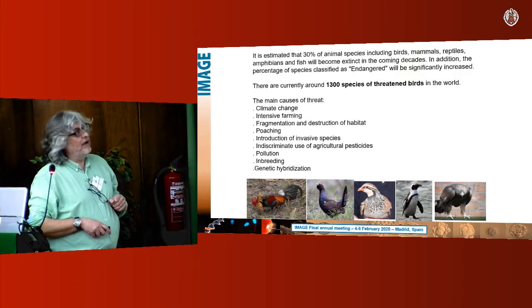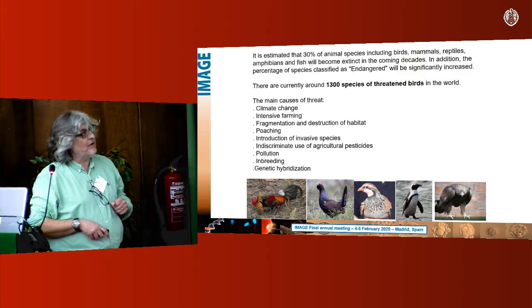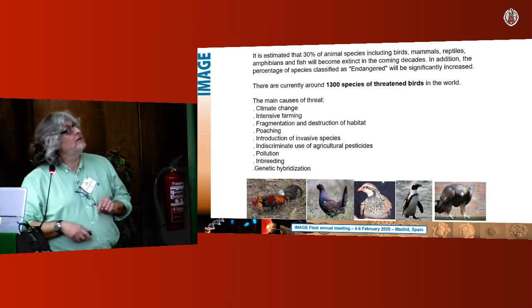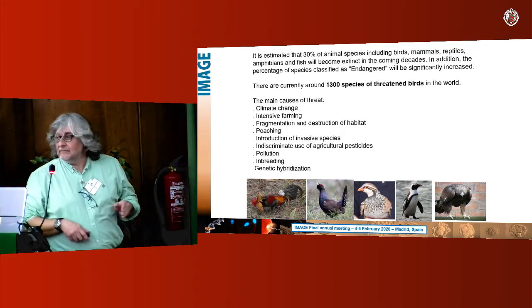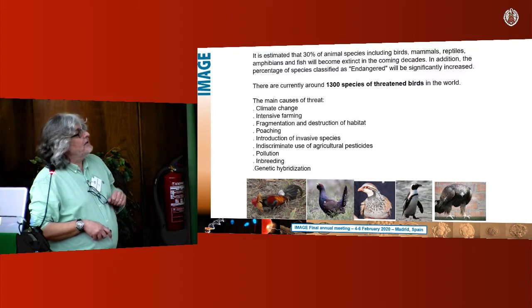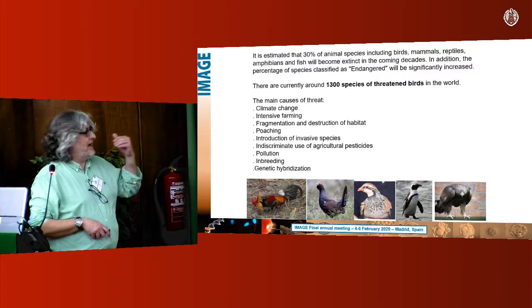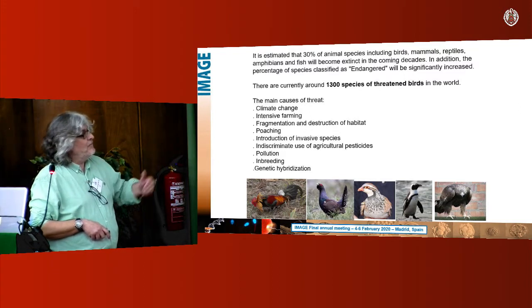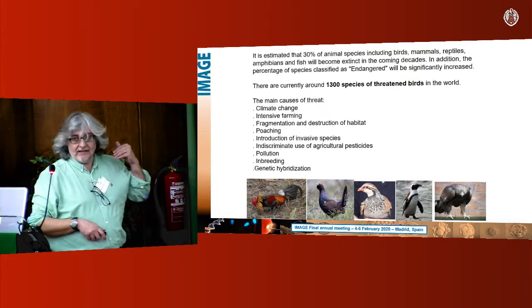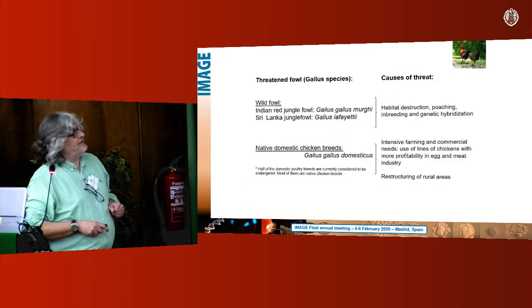Currently, around 1,300 species of birds in the world are threatened. The main causes of threat are climate change, intensive farming, poaching, pollution, inbreeding, genetic hybridization, etc.